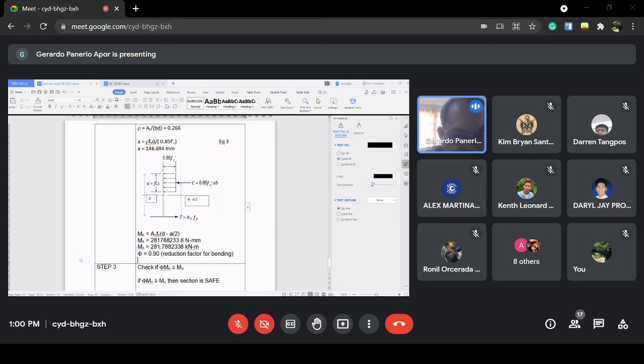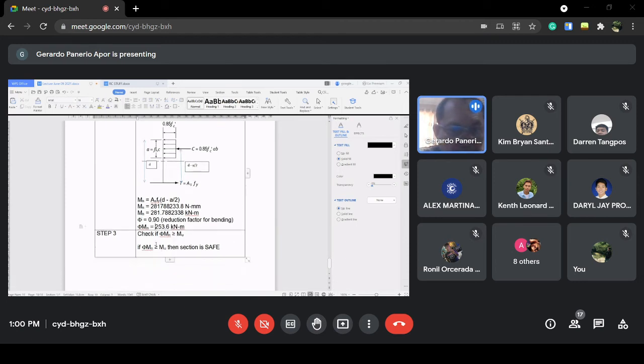Now, the phi Mn is 281.70 times 0.9, which is equal to 253.6 phi Mn.